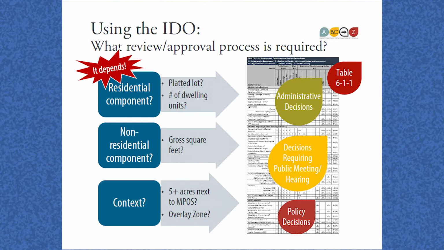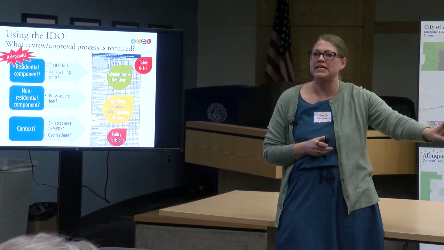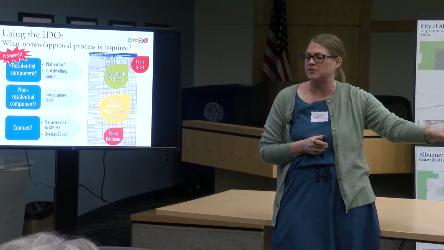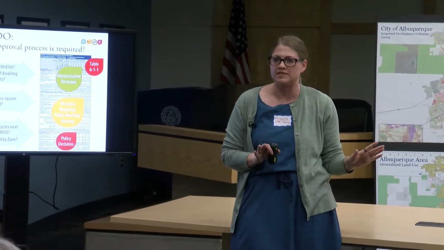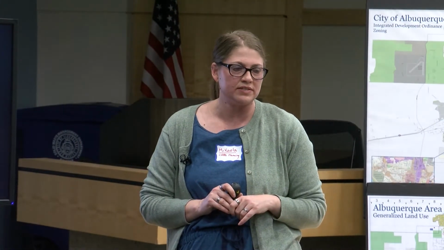And lastly, I still need to know the context. If the property in question is 5 acres or greater next to major public open space, then that development has to go to the Environmental Planning Commission before anything else happens. And the Environmental Planning Commission needs to give an approval for a site plan even before they subdivide.